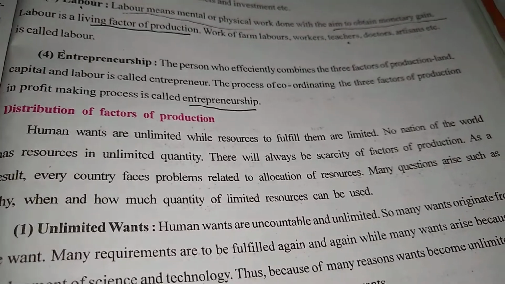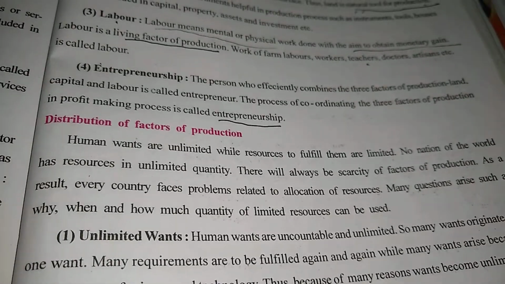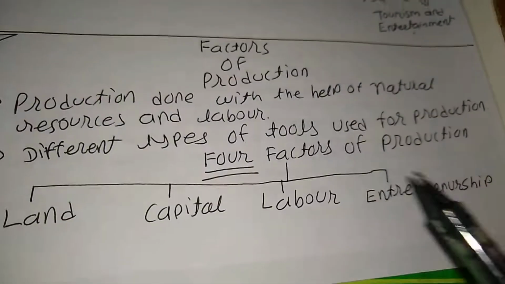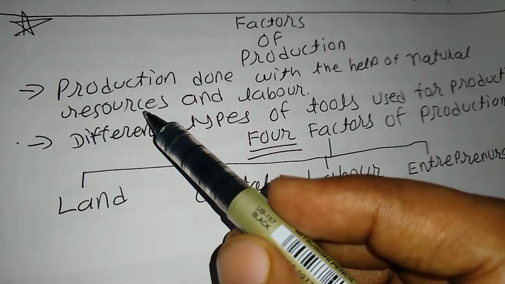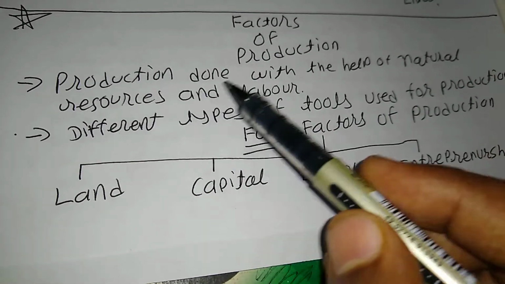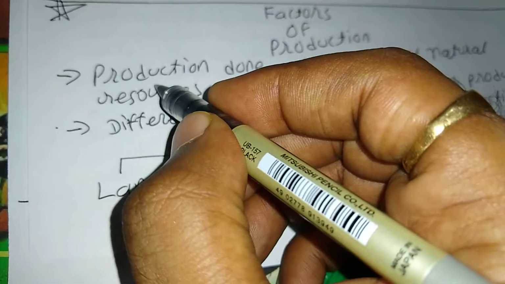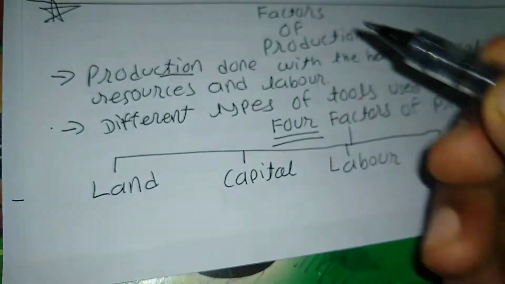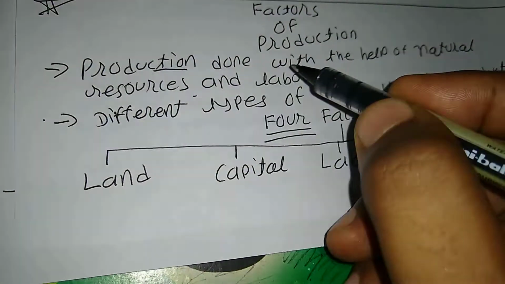Now we will go on to understand the factors of production with paperwork. So see the paperwork. Factor of production. Several definitions are given. Production is done with the help of natural resources and labor. So whenever you are talking about production, you are taking the help of natural resources and labor.